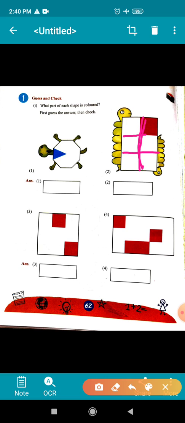So you can divide the rectangle in 6 equal parts, and out of 6 one part is red, so you can write 1/6 for that, right? Similarly, this is a figure of an octagon. Here 8 sides are there. It means the figure is divided in 8 equal parts, right? And one part is colored, so 1/8 will be the fraction for this.